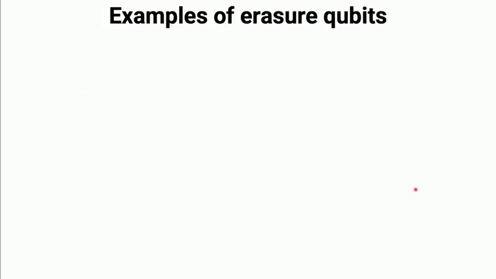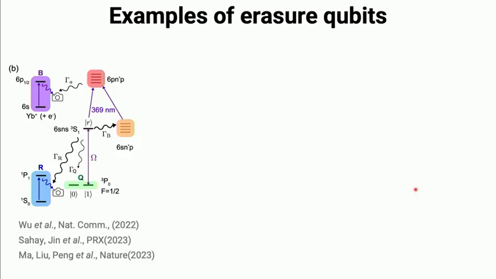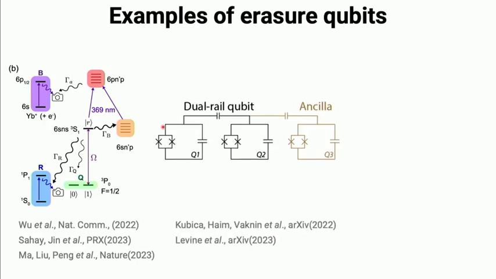So there are, of course, different types of erasure qubits recently proposed and demonstrated. In the previous talk, you heard about the neutral atom implementation, where you use the metastable states to encode the erasure qubit. And some other types include erasure qubits based on the dual rail encoding. Here is a dual rail qubit implemented using Transmon from the AWS work.